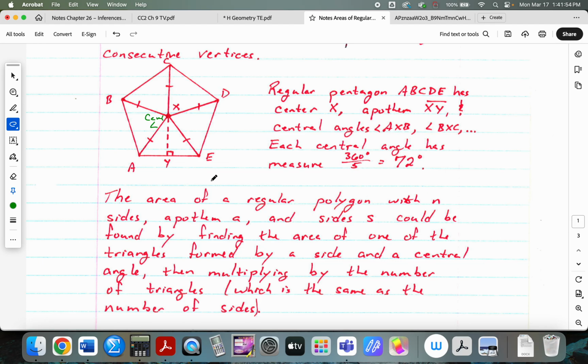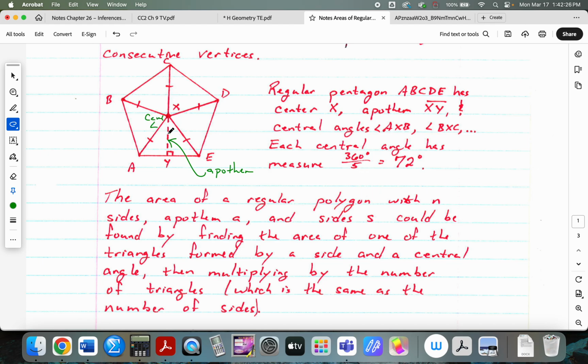This is a central angle. It's pretty easy because its vertex is at the center. So that's the central angle. And this is the apothem. The measure of a central angle, in this case, is 360 divided by 5, because if you look, there are 5 central angles.